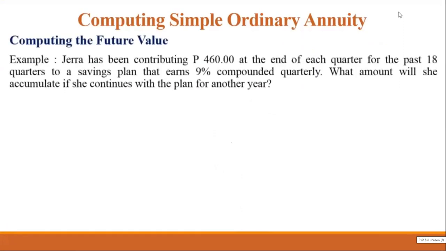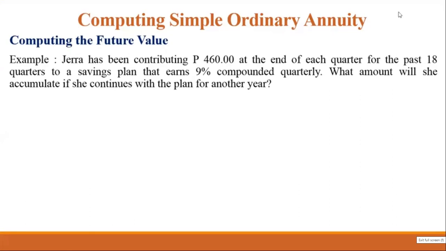Example, Jera has been contributing 460 pesos at the end of each quarter for the past 18 quarters to a savings plan that earns 9% compounded quarterly. What amount will she accumulate if she continues with the plan for another year? So what amount?